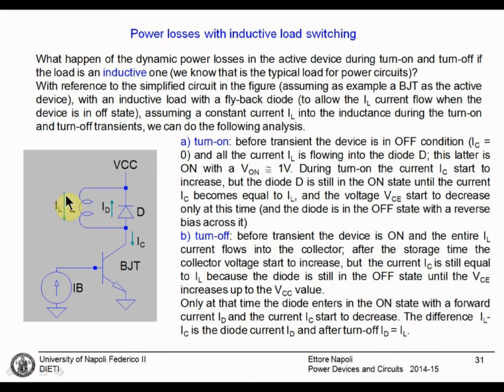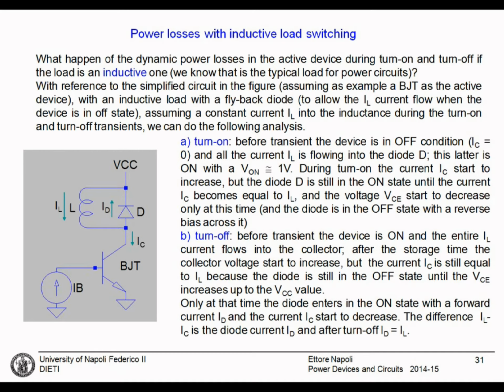This looks very different from the only example that we deeply studied for power device application. But if you think of a buck converter, a step-down converter, the situation is exactly that one. We have the switch.